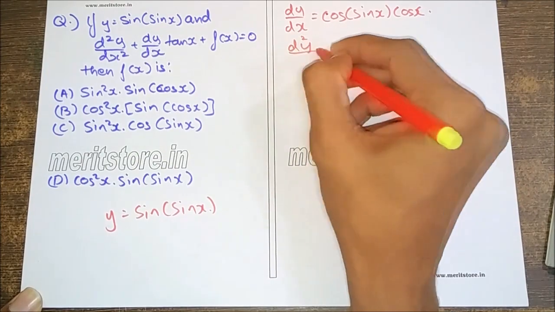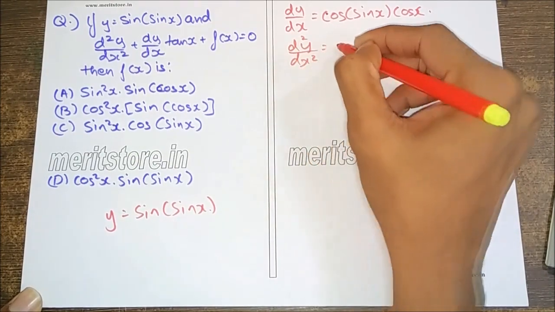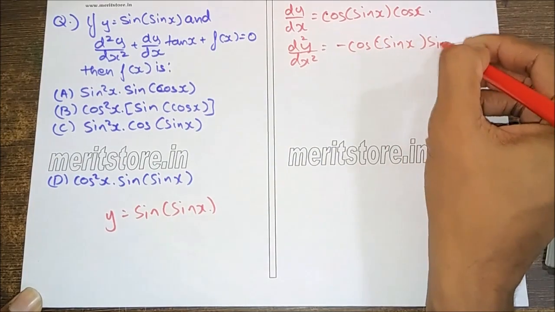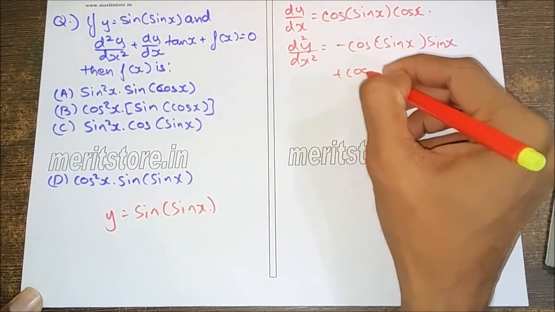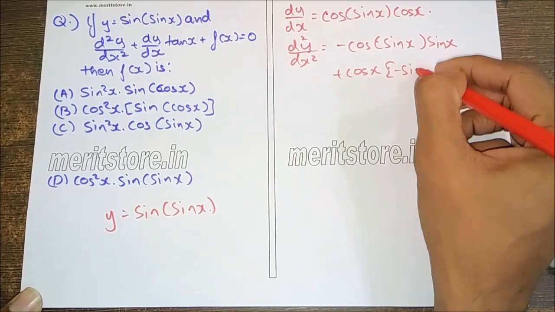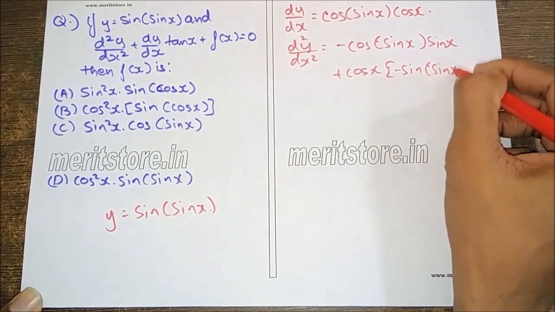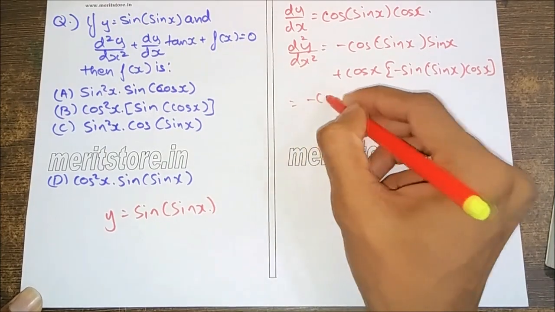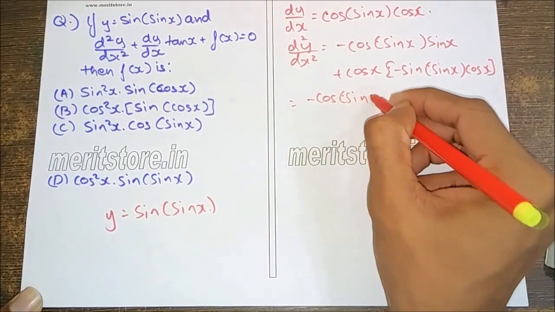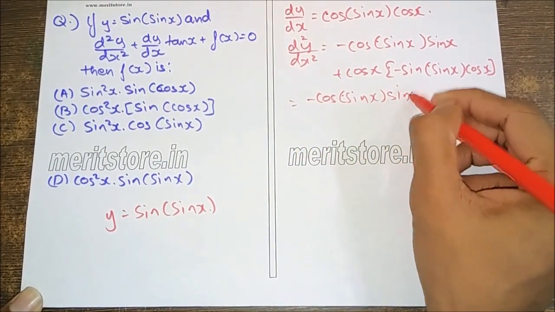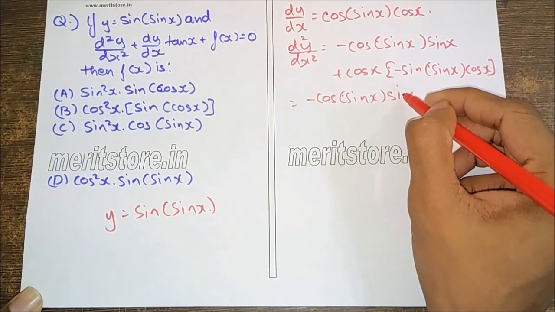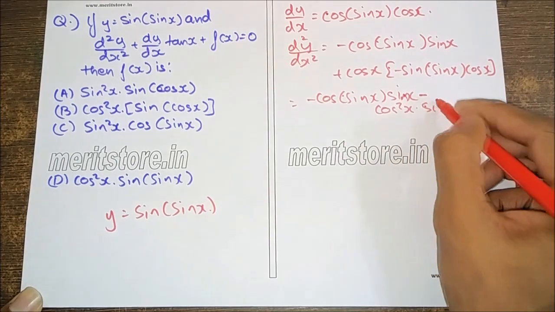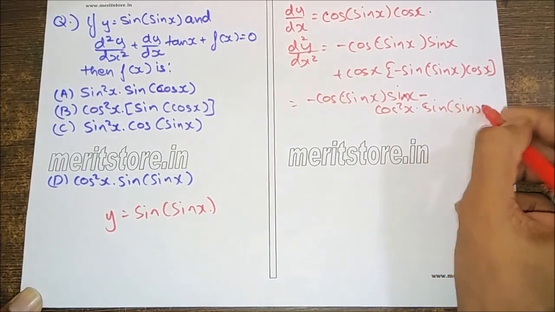Differentiating again, we get d square y by dx square equal to minus cos sin x plus cos x sin x cos x, which is equal to minus cos sin x minus of cos square x into sin of sin x.